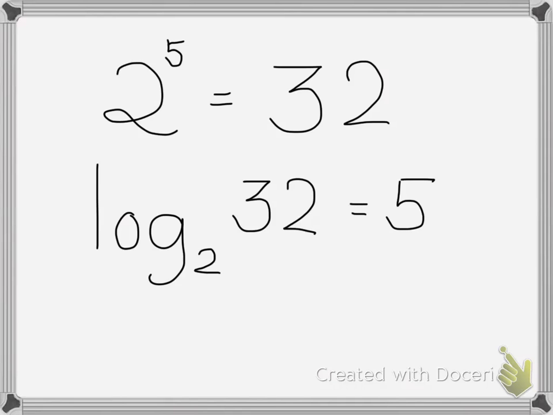The proper way to read this is log 32 base 2 equals 5. I know many of you just read from left to right, log 32 equals 5. But the proper way is log 32 base 2 equals 5. It's like reading again: 2 raised to the power of 5 equals 32. That's the same way how it's written.